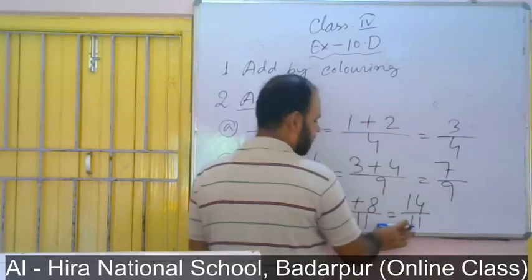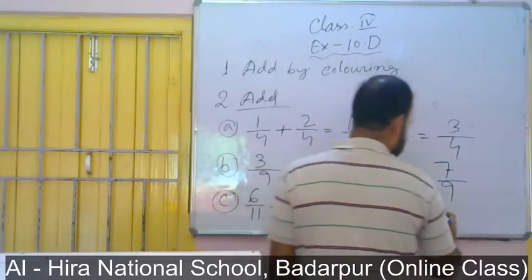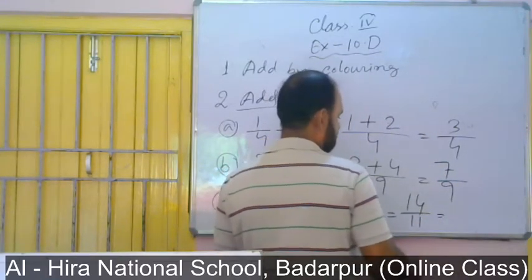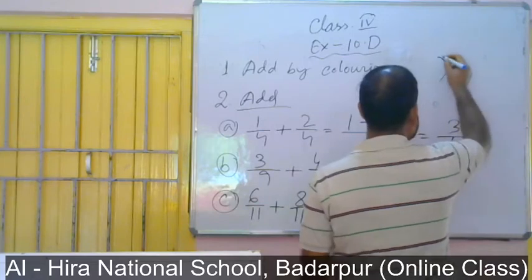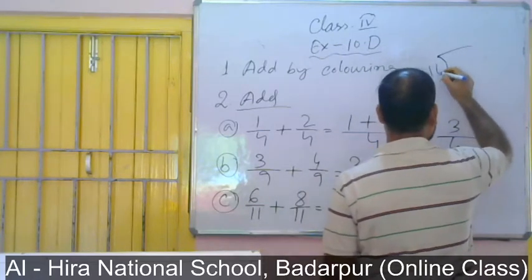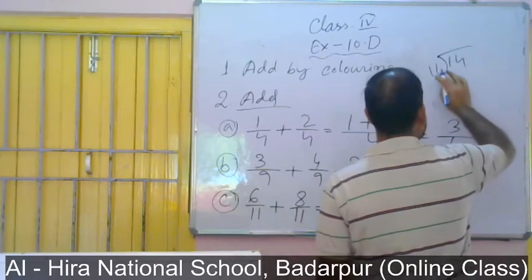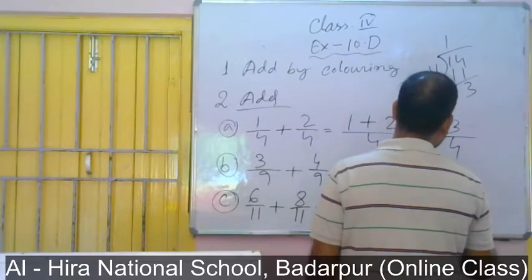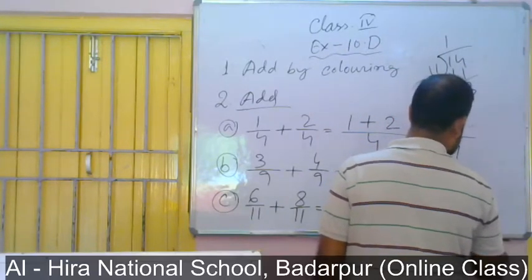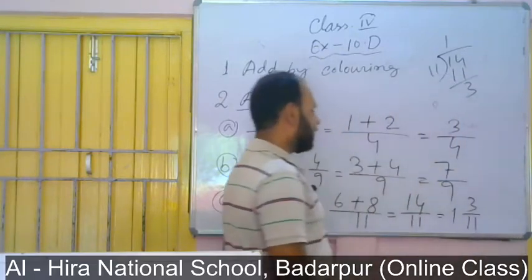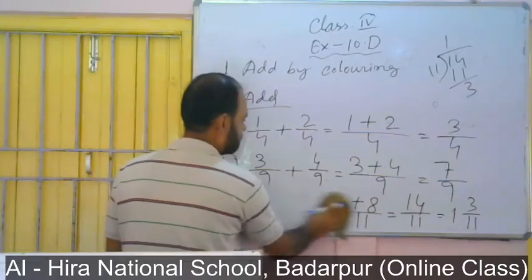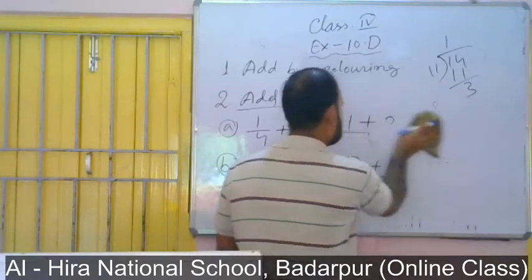We can keep it like this, or we can change this improper fraction into a mixed fraction. 11 into 14: 11 ones are 11, remainder 3. So 1 3 by 11. Next question.